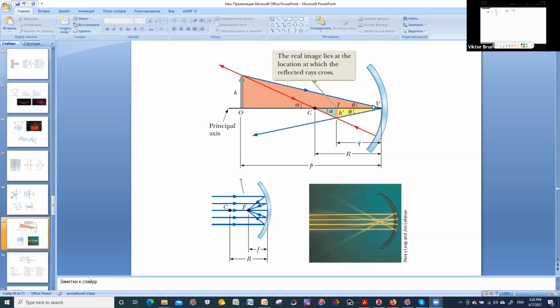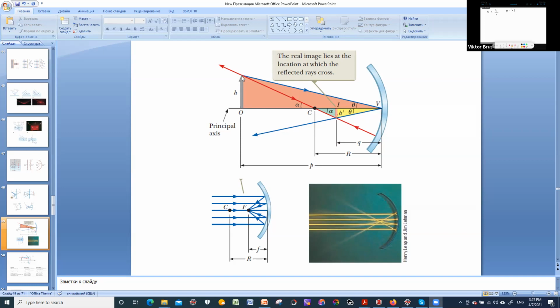We consider again two rays which originate from the highest point of the object. One goes to the center point of the mirror and hits the mirror at some angle theta. According to the rules of reflection, it is reflected at the same angle from this point.